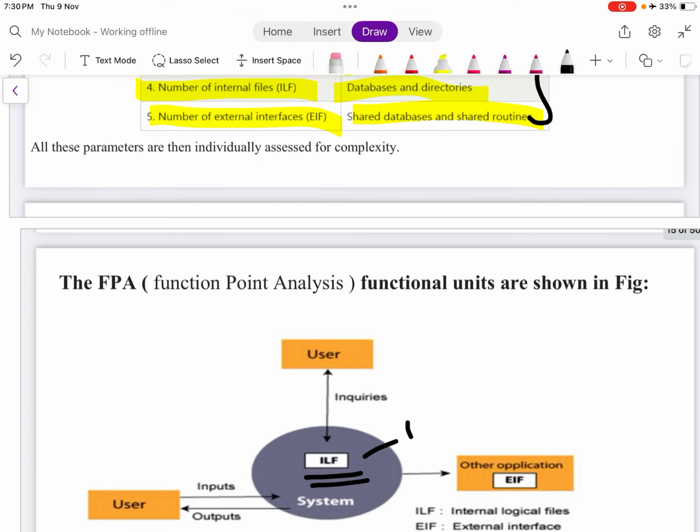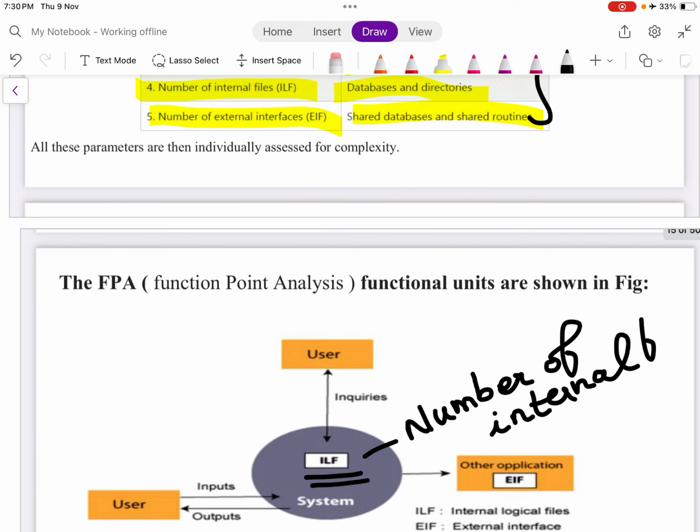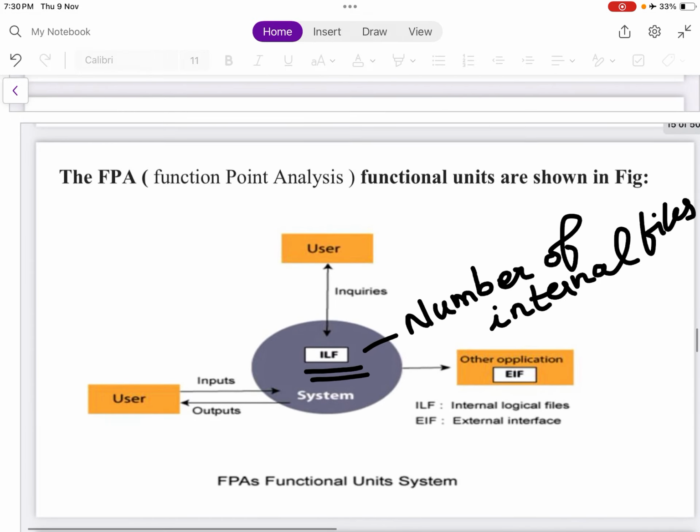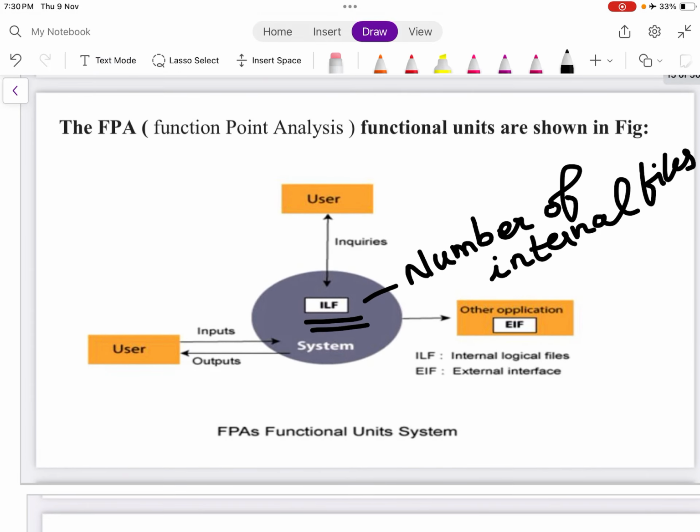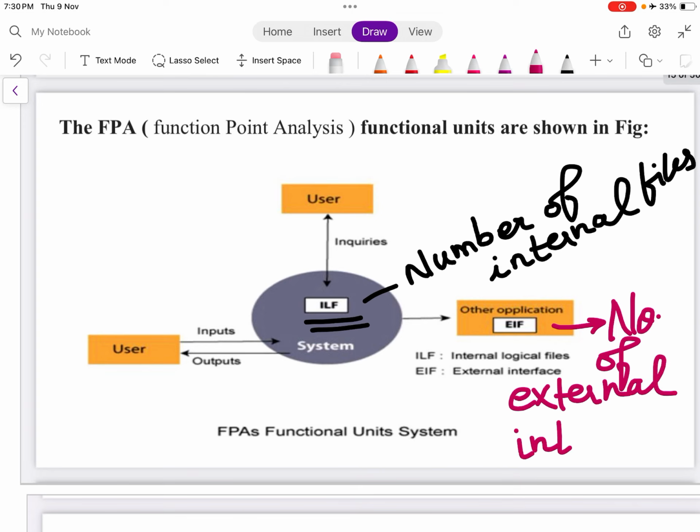Inside the system you have the number of internal files, that is your databases and directories, and the number of external interfaces is present in the other applications.